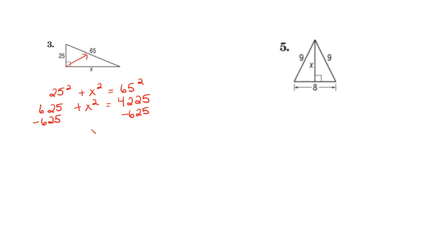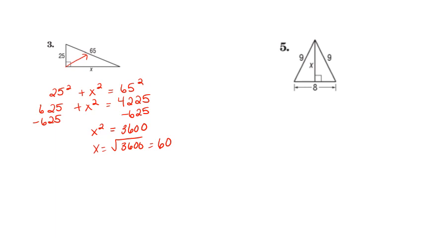I get x squared equals 3,600. If I want to get x, I do the square root of that, which is a whole number. We got a Pythagorean triple, which is 60. So in this case, x is 60. Again, if I'm finding the hypotenuse, I would just square the two legs, add them together, and find the square root. Whenever you find a leg, you're going to end up doing some subtraction.